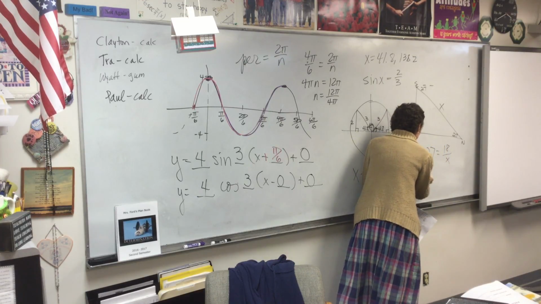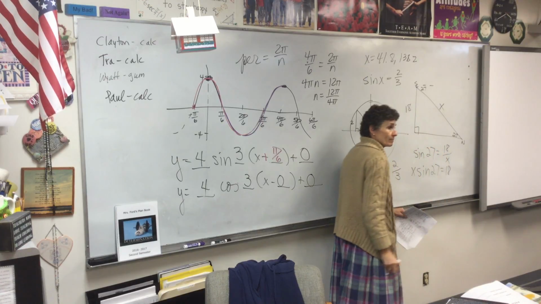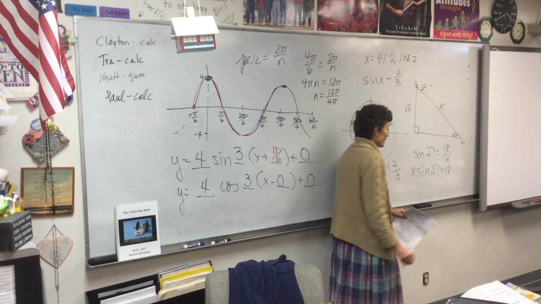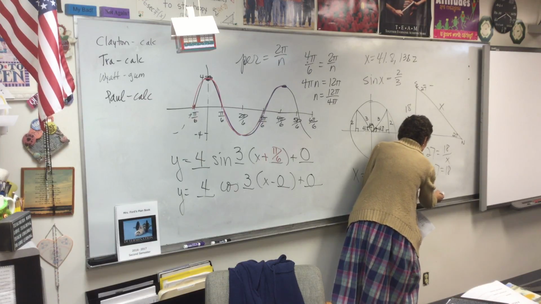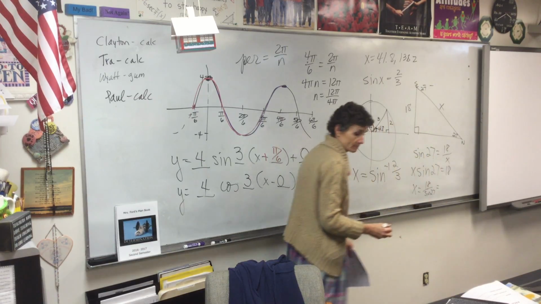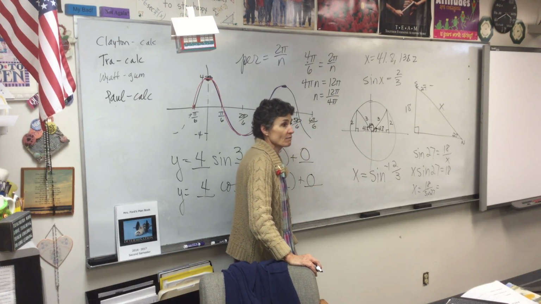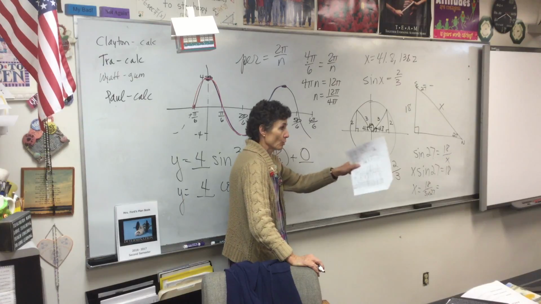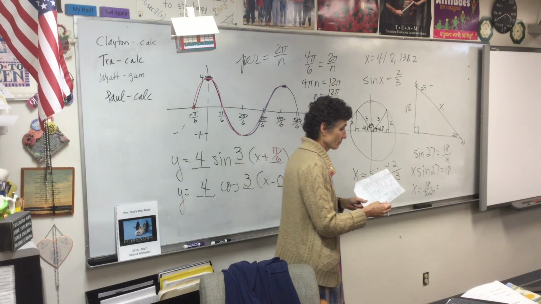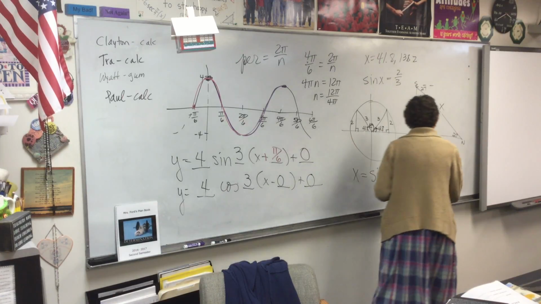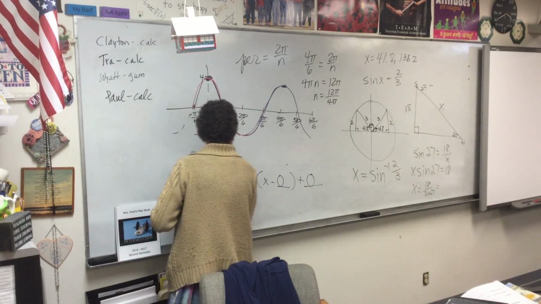So we'll multiply by x to clear the fraction, and then divide. So 18 divided by sine 27 is 39.65. I'm taking their word for it. 39 point something.